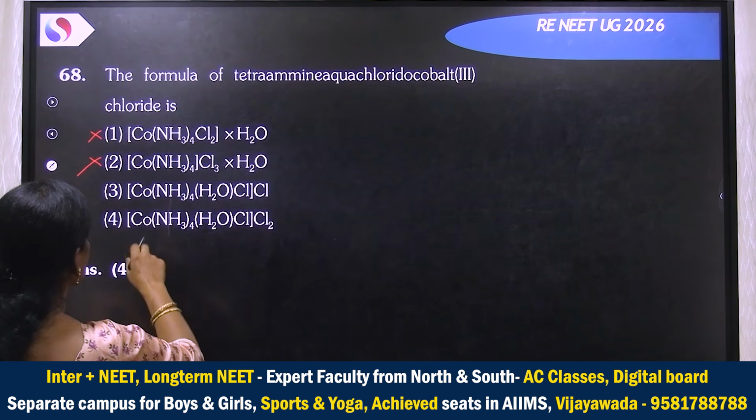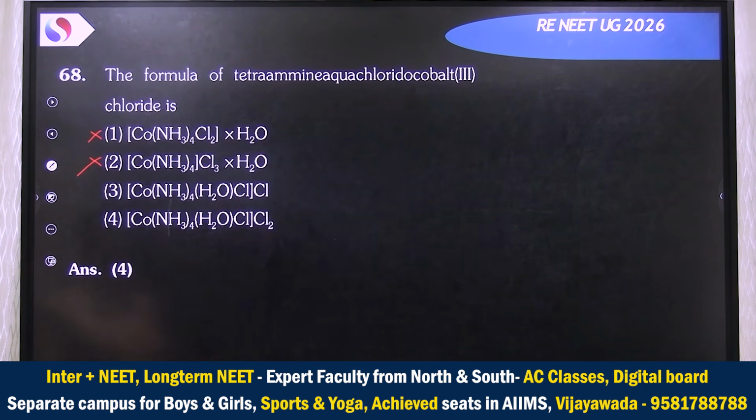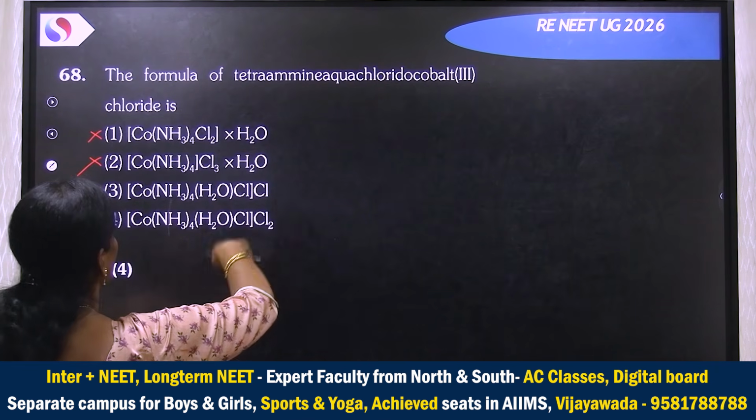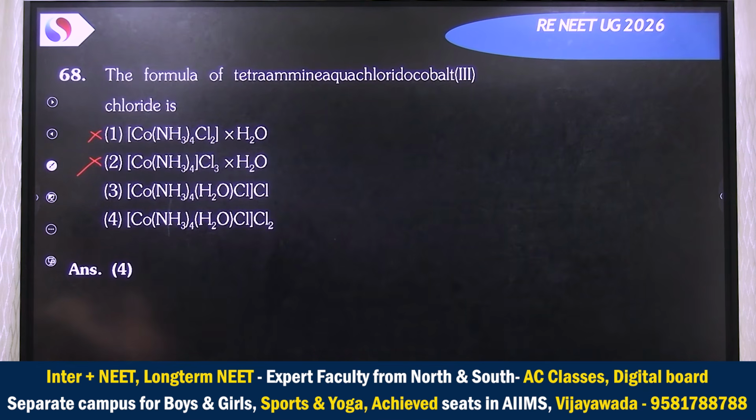And coming to the third and fourth. In the third and fourth, the H2O ligand is present, and one chlorido ligand is also present in both complexes. Then how do we check which is correct? Cobalt(III) chloride, so the cobalt oxidation state must be +3.